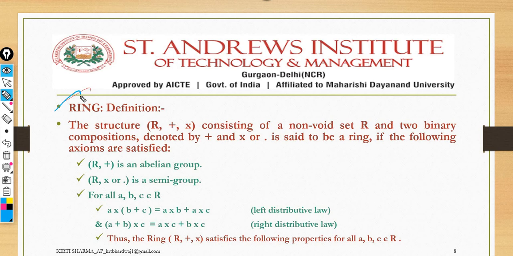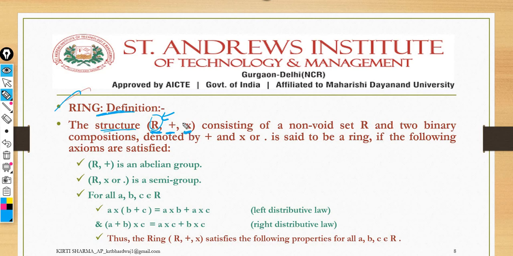The definition of rings: the structure we are talking about here has a set of elements. Since we are studying the ring, I am taking R here. You can take anything to make it easy to understand. We are taking R here, and there are 2 binary operations, addition and multiplication.